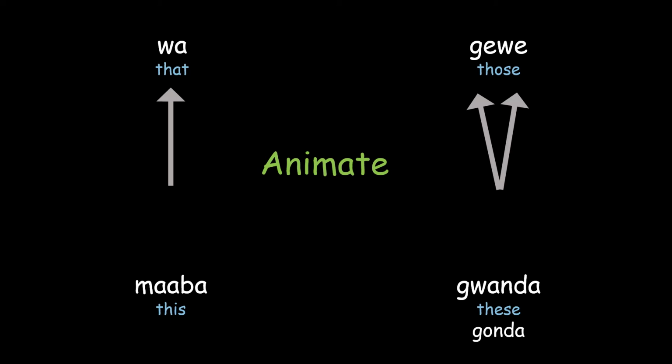In plural form for these and those, we have gunda, these animate objects, and gewe, those animate objects. Gunda, sometimes spelled G-O-N-D-A, and gewe. For singular, maba, wa, and for plural, gunda, gewe.